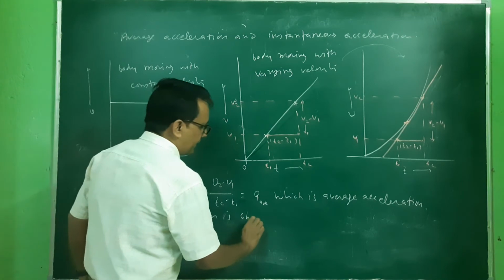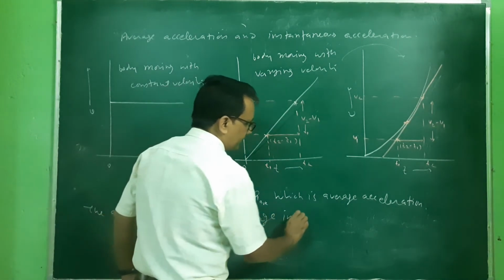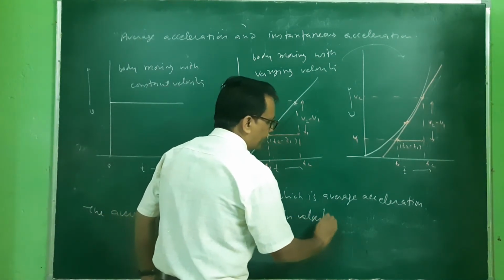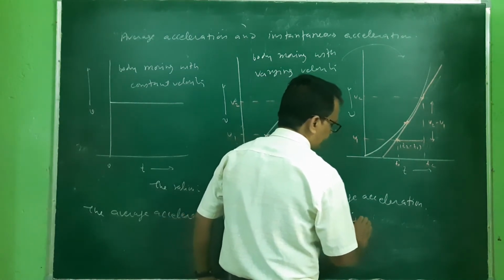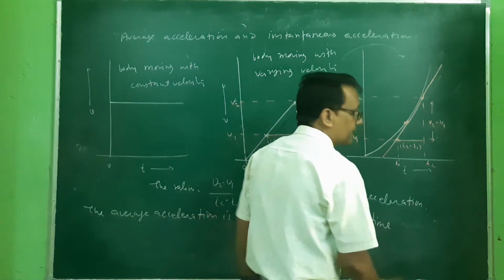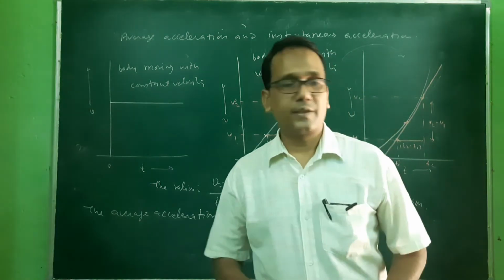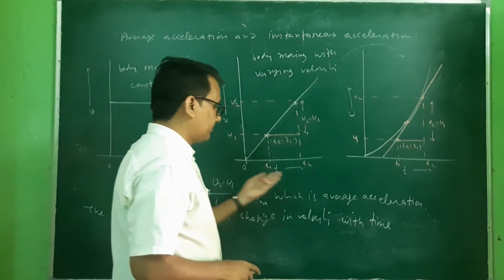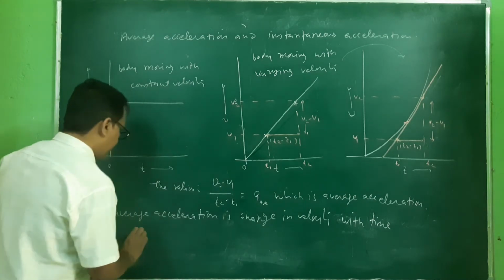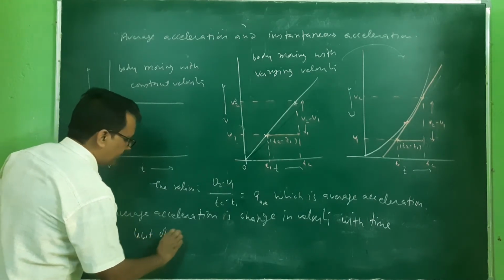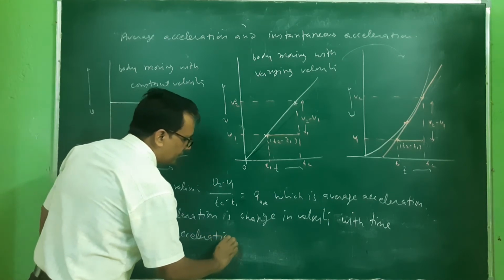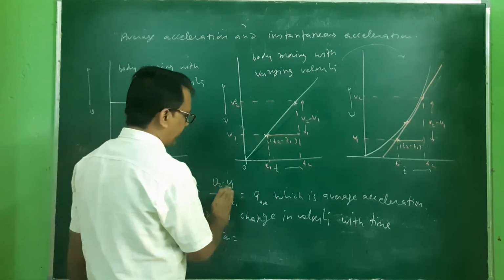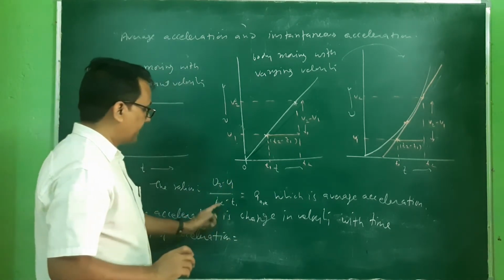So the average acceleration is actually the change in velocity with time. Again we can write the unit of acceleration: this is velocity, and velocity is meter per second, and this is second.